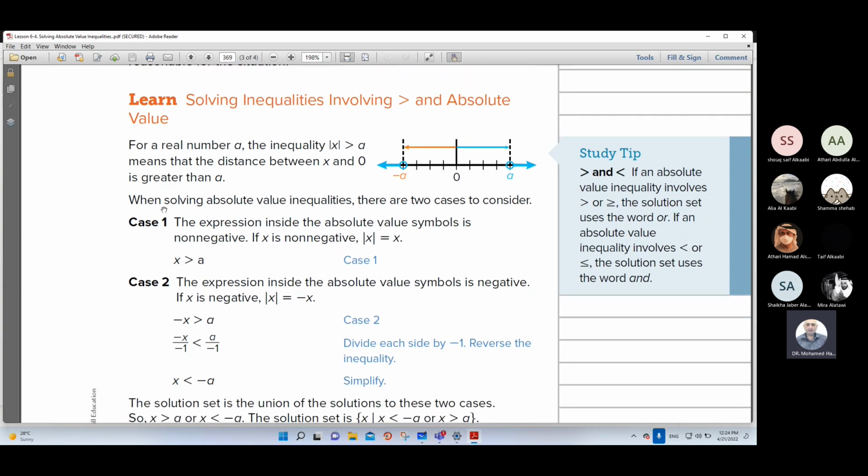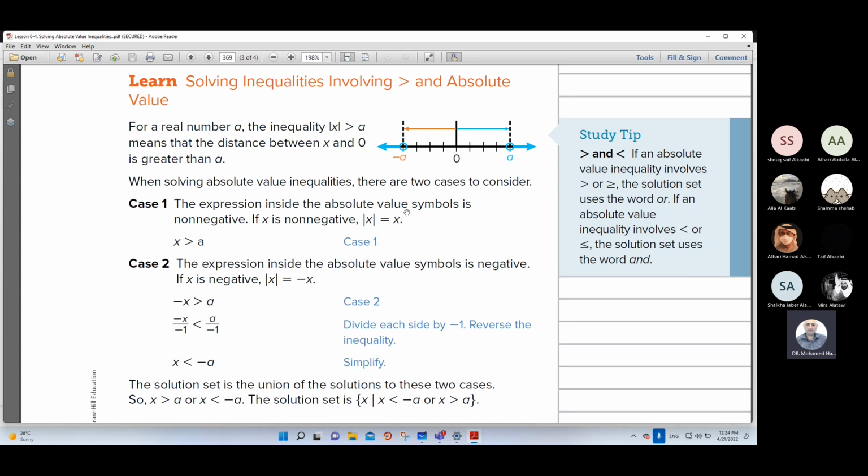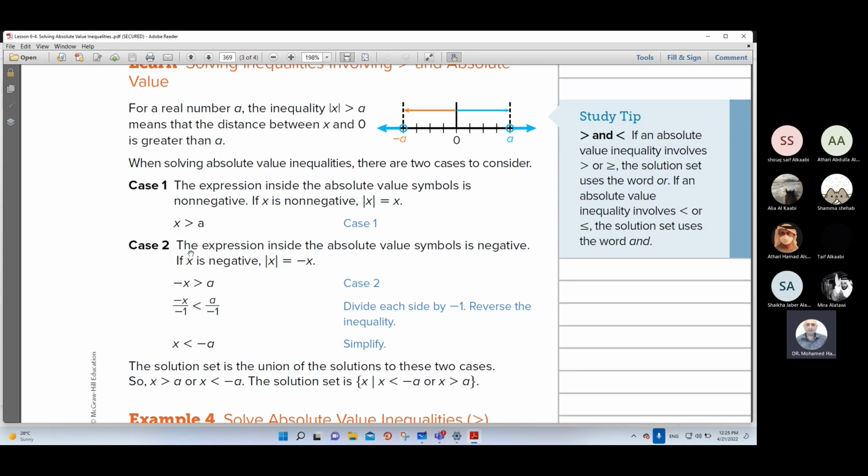Also here, when solving absolute value inequalities, there are two cases to consider. The first case, the expression inside the absolute value is non-negative. If x is non-negative, the absolute value of x will be x. So it means x greater than A. The second case, the expression inside the absolute value is negative.